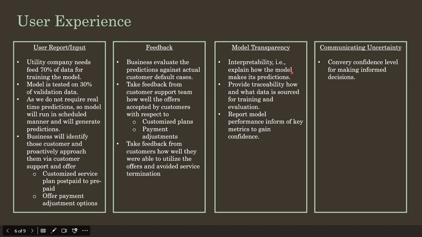We report the model performance in the form of a key metrics, the model performance matrix, and gain the confidence of the business stakeholders. Communicating the uncertainty is the scenario where we convey the confidence level for making informed decisions, where we call a particular customer as a potential default or non-default.